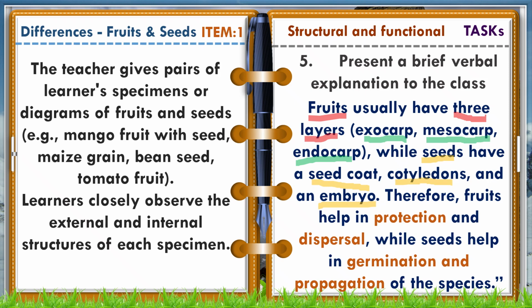Therefore, the fruits help in protection and dispersal, while the seed helps in germination and propagation of the species.